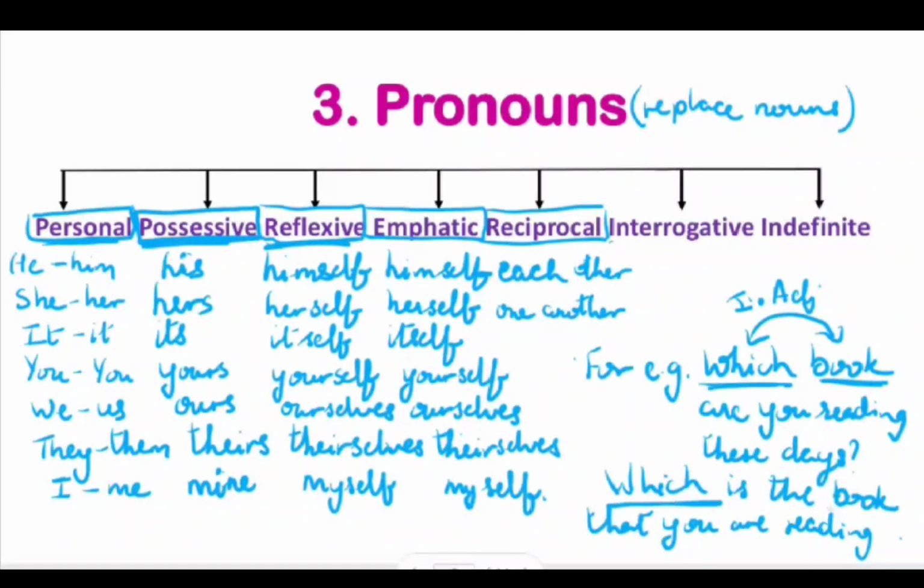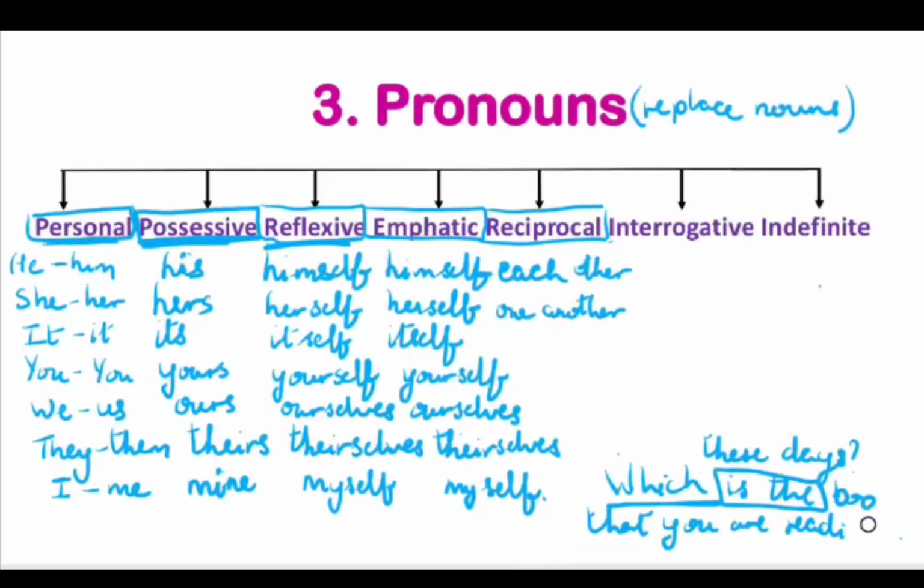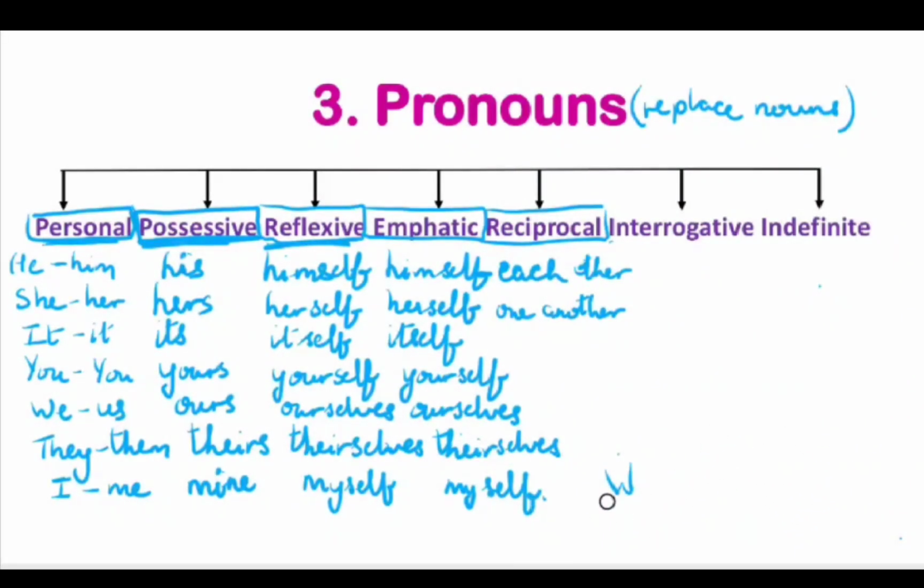So, which and book lie far apart. There is a gap of a couple of words in the middle. So, here it becomes an interrogative pronoun. It is all about the placement of the word.